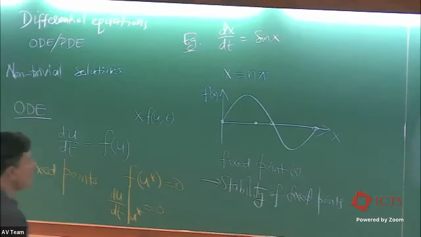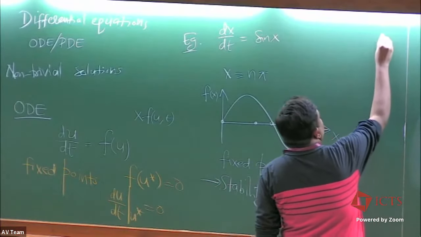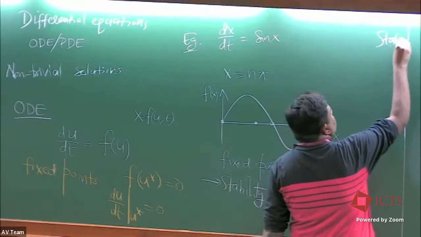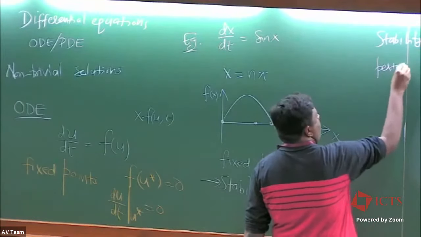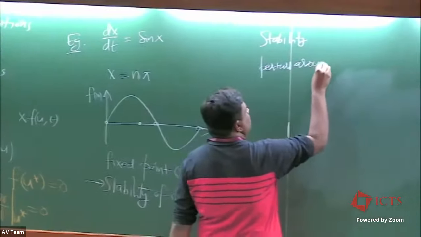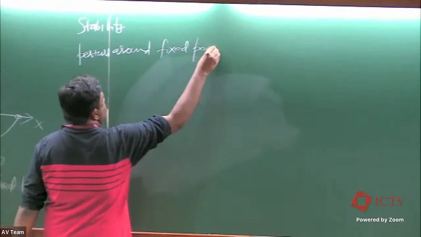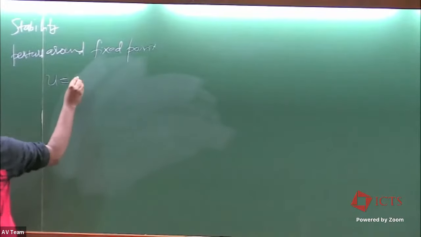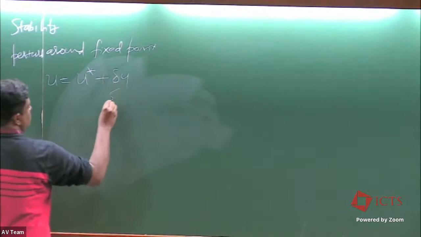How would one find out the stability of the fixed points? The stability requires the following idea. You perturb the system around the fixed point, so you do a perturbation of the following form.